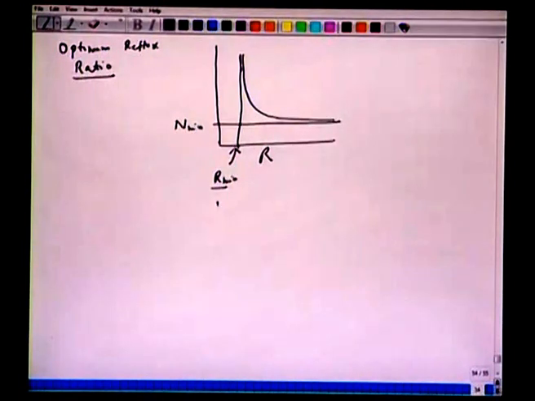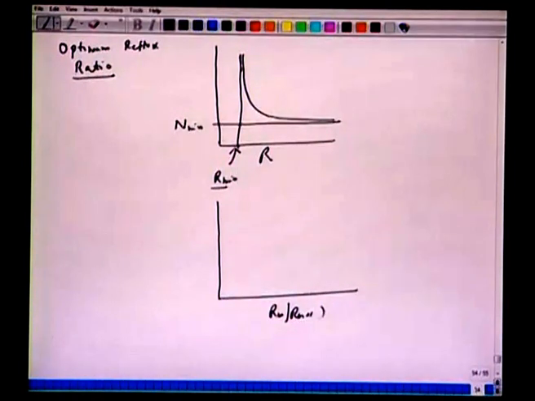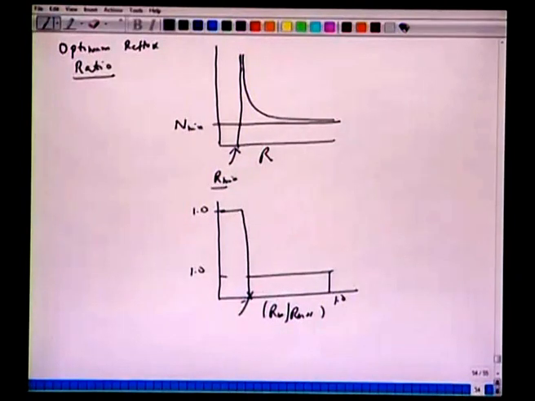And equivalent to this, one can also plot R over R plus 1. So, a similar curve, we were trying to represent in different ways. Here we have 1, here we have this 1. In this case, we have this point here, which is Rm over Rm plus 1. So, it is the minimum reflux ratio, all right.